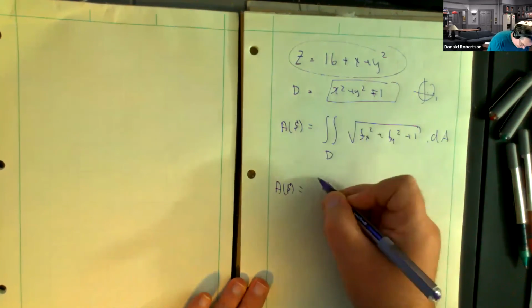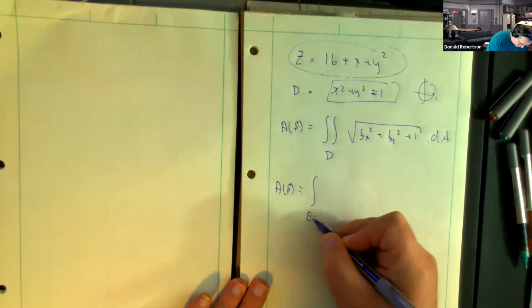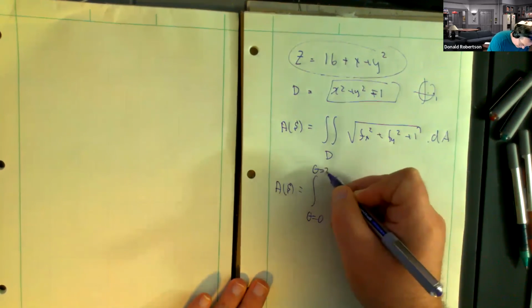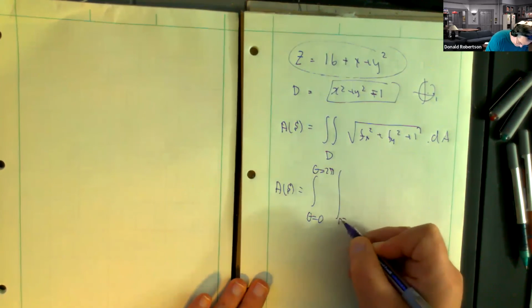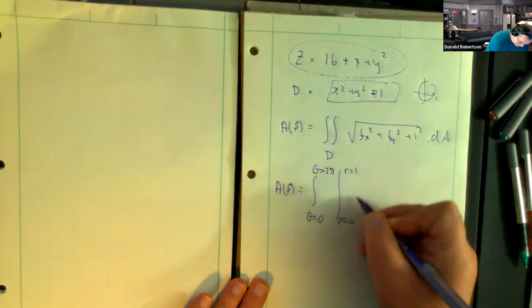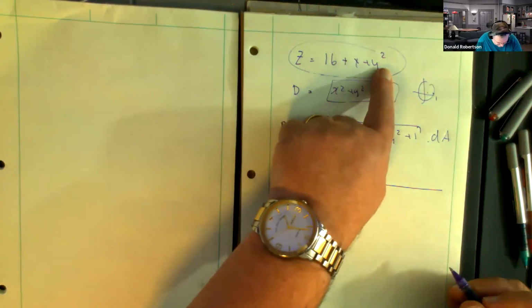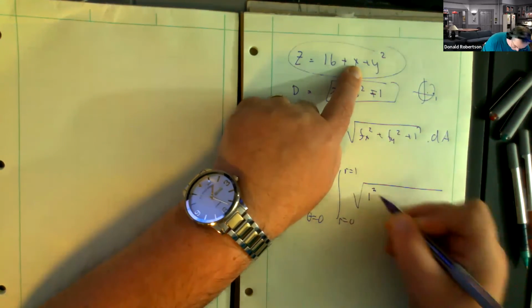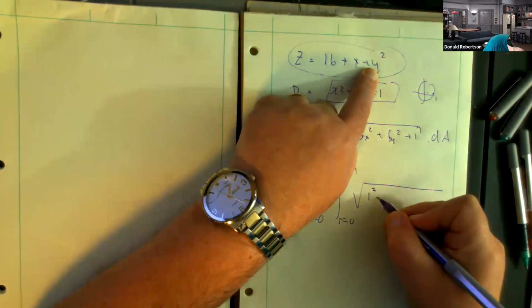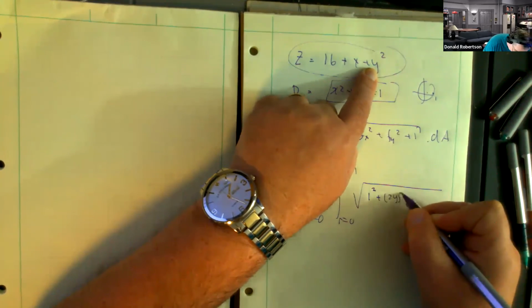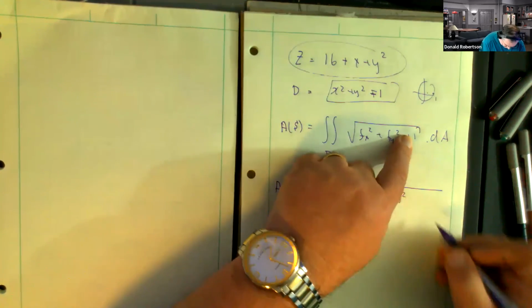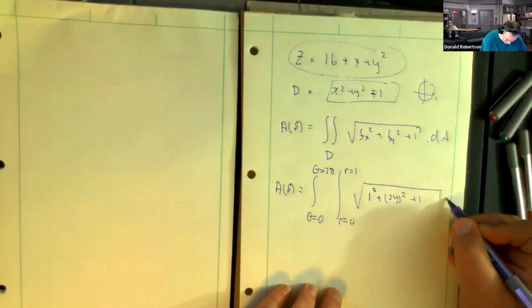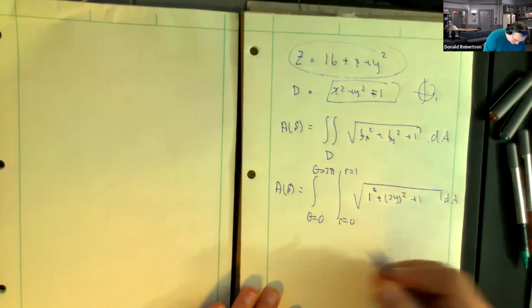Since it's a unit circle, I'm going to just do my standard, turn everybody into polar. Then you just take your surface formula and differentiate it with respect to x and square it. Then differentiate it with respect to y and square it, and add 1. Do a dA here.